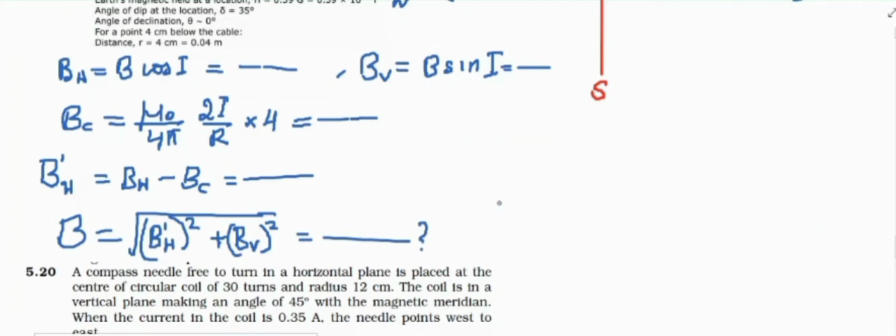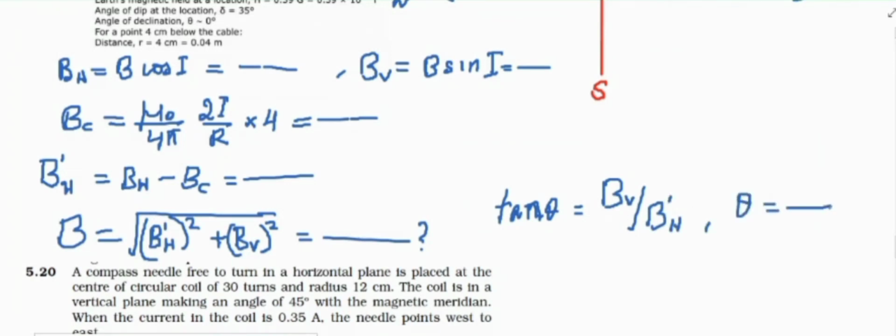And for getting its direction, you have to take tan theta. Tan theta is equal to BV upon BH dash. From that, you can find the value of theta. So you get the direction.